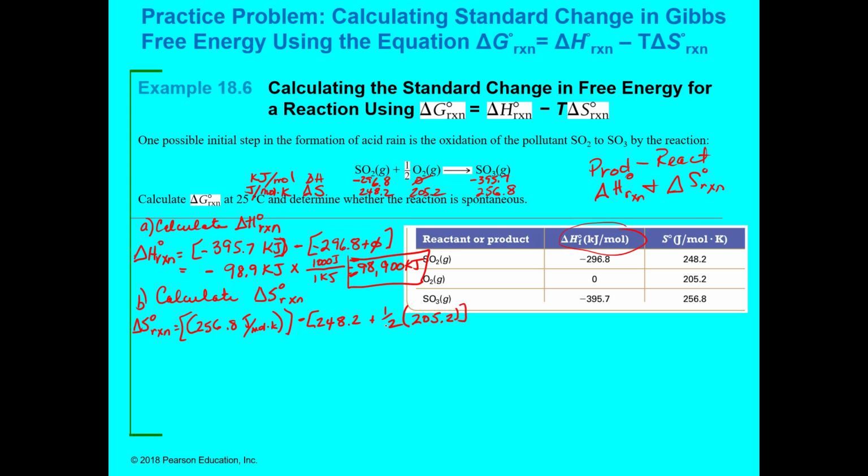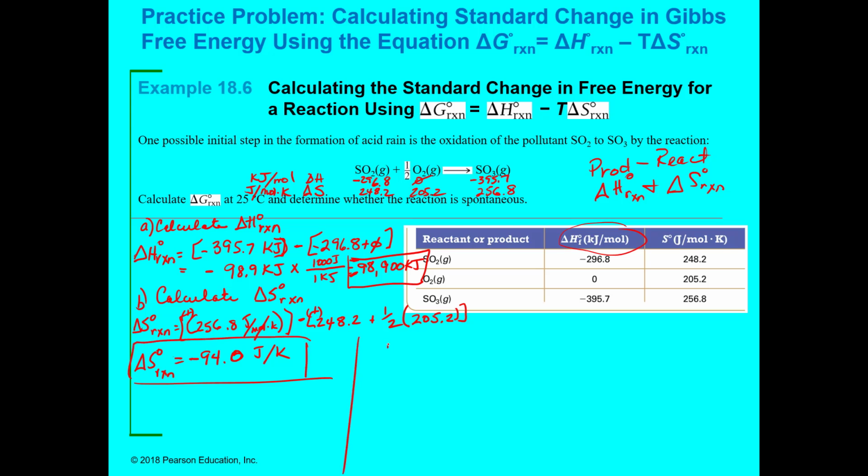Except now since I'm multiplying them each by moles, so there's one of those and a half of those, that takes the mole off of it, and so I'm going to actually have joules over K, and so that's going to be a negative 94.0 joules per K. That's my delta S0 of reaction.